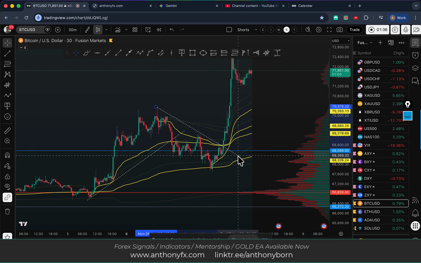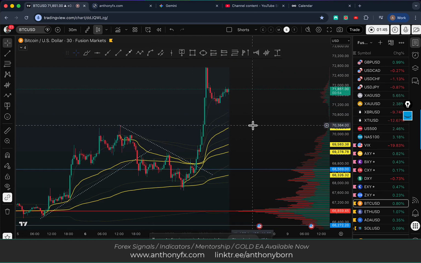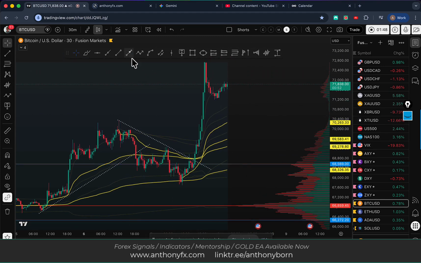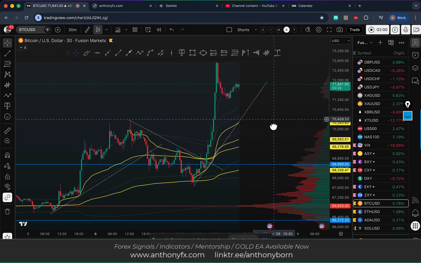Okay, so we had a breakup structure there. We had this bullish trend break, bullish breakup structure. So at the moment, I'm looking for this to turn around, and we've got the low, and if we mark up this touch here, that's currently trending.